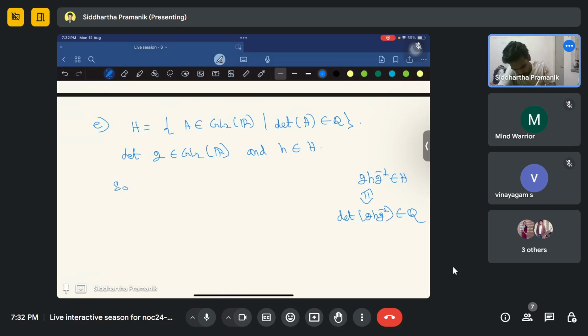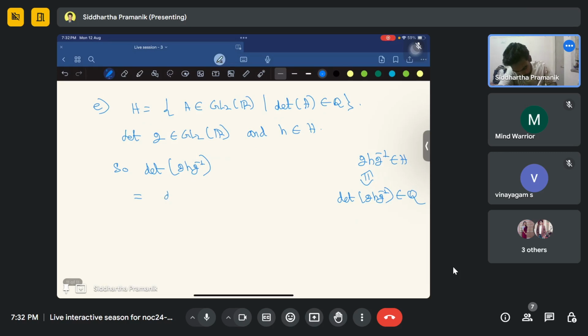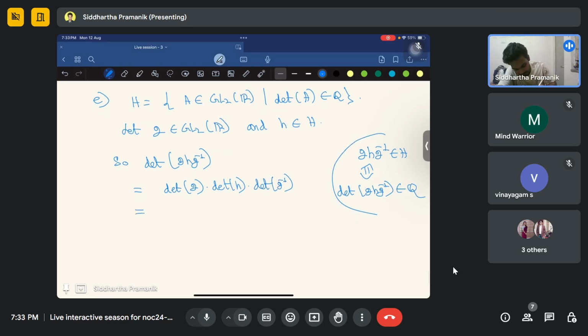So what is the determinant of G h G inverse? Use the properties of matrices. It is determinant of G times determinant of h times determinant of G inverse, right? And this is equal to determinant of G times determinant of h times 1 by determinant of G. So this will be cancelled out.